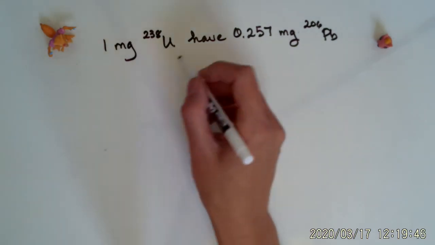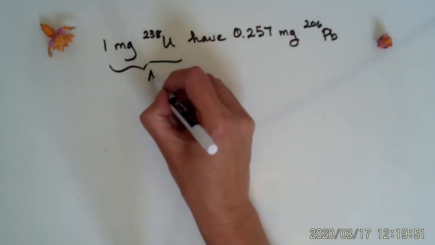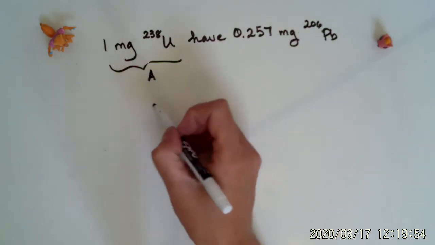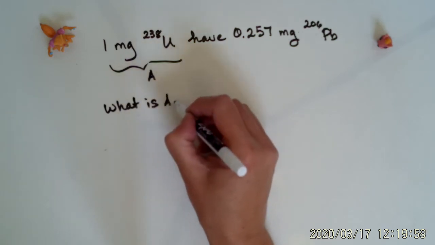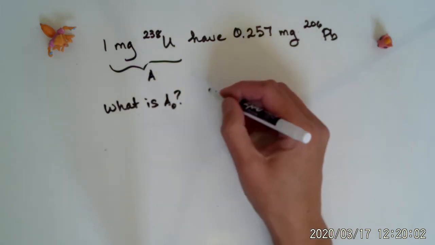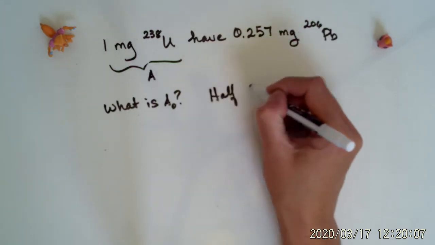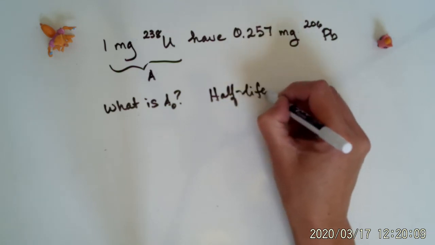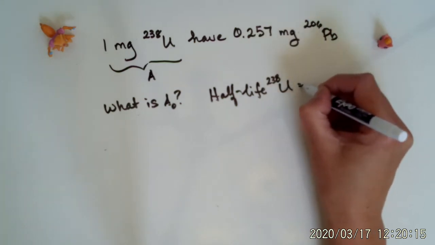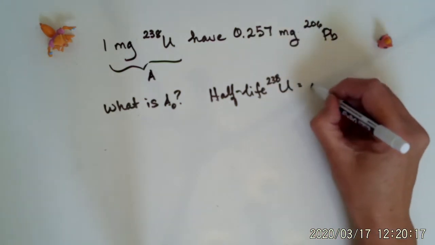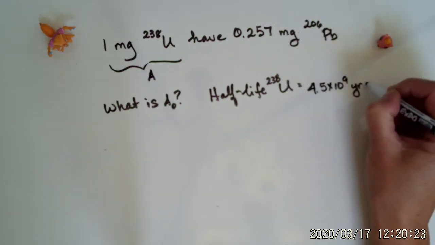If that's true, then we know this is A. Then the next part is we need to find A naught, and we need the half-life of uranium-238, which is equal to 4.5 times 10 to the 9th years.